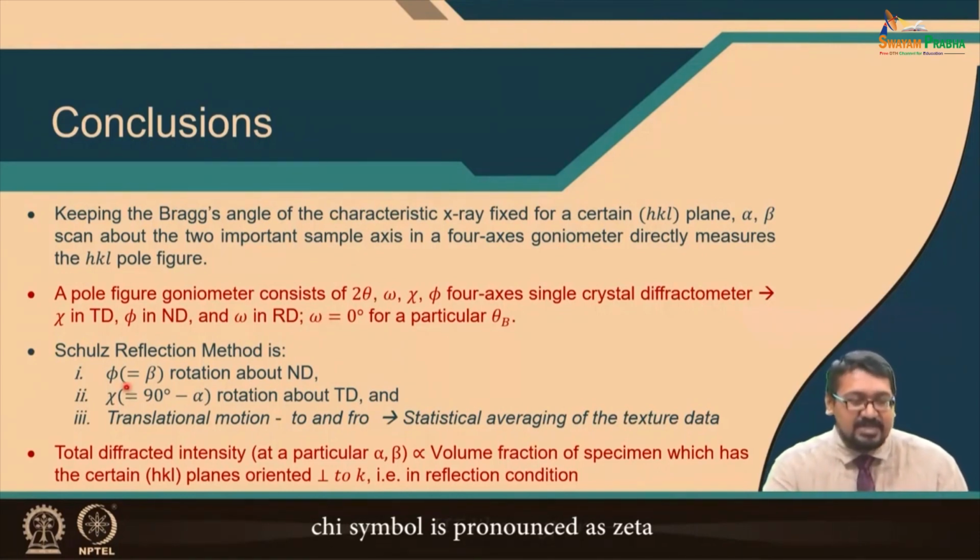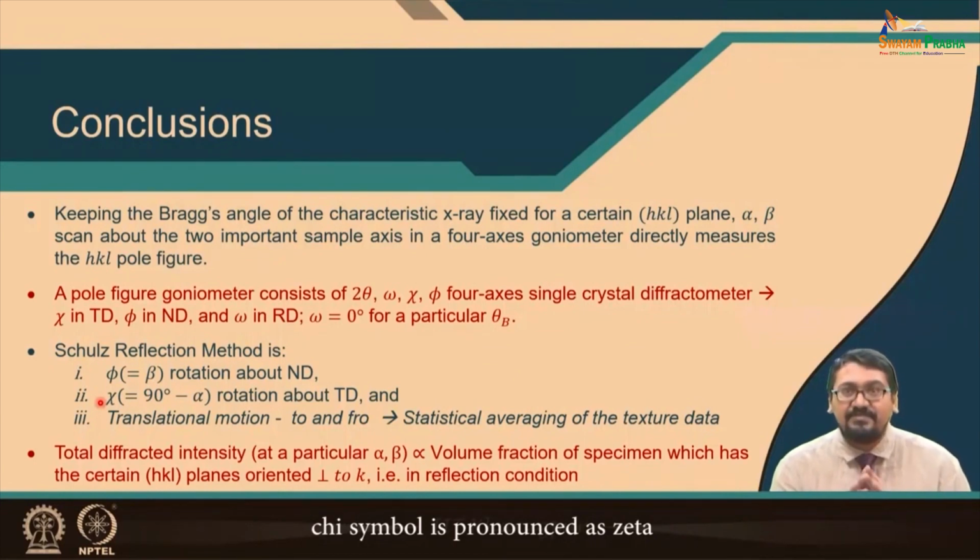The most important thing we should understand is that the method of measuring the pole figure is known as the Schulz reflection method, where phi, which is equal to beta, is the rotation along ND, zeta, which is equal to 90 degrees minus alpha, is the rotation along TD, and third, a to-and-fro translation motion of the sample for statistical averaging has to be done to obtain the texture data.